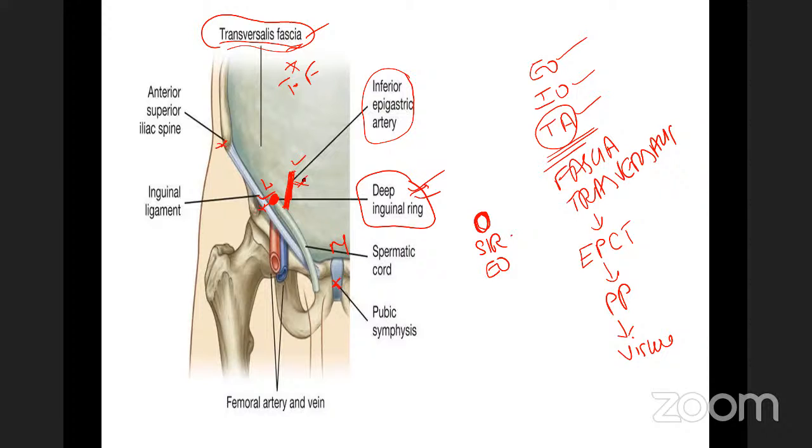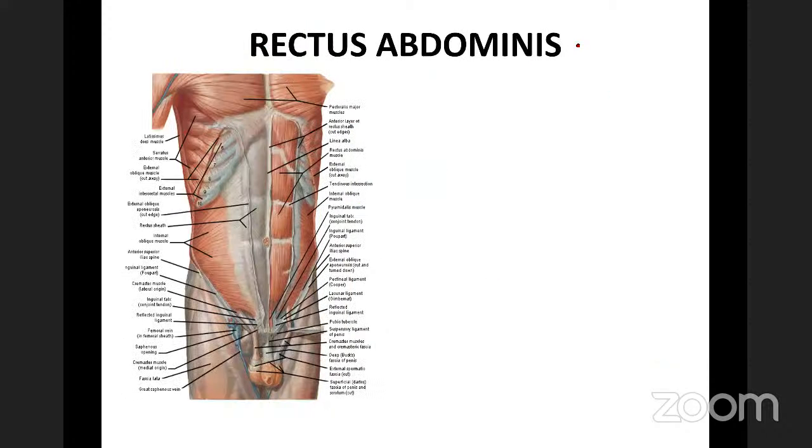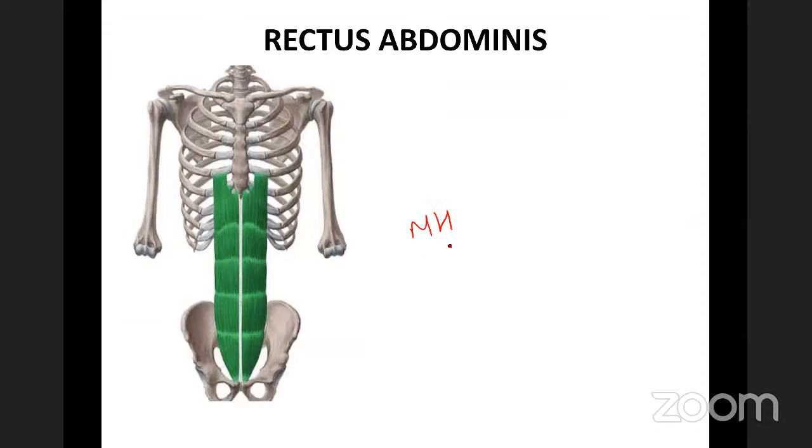Now, we will see the rectus abdominis muscle. As already discussed, the rectus abdominis muscle is enveloped by a sheath known as the rectus sheath. So this beautiful muscle here is called the rectus abdominis muscle. We will see its origin and insertion. It has two heads, a medial head and a lateral head.